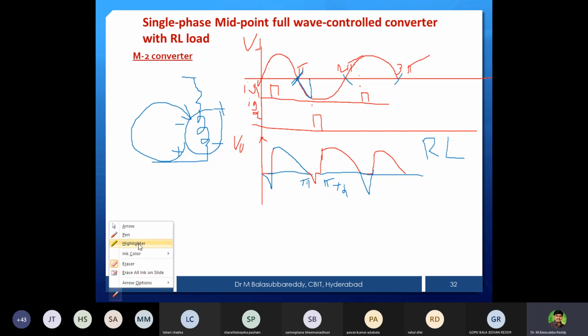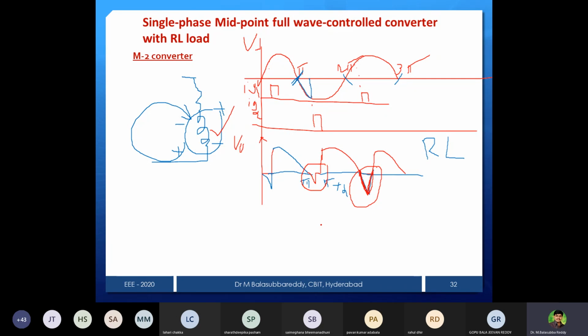Now what is the observation from this? Earlier, and now you can see this point otherwise. If the inductor is large, then what it is started here, at pi, 2 pi, 3 pi, it continues to conduct up to the next pi plus alpha, if it is a large inductor. Then you notice the difference here.